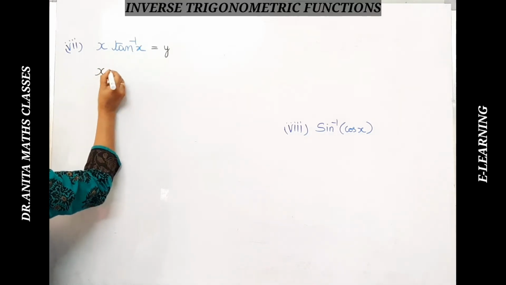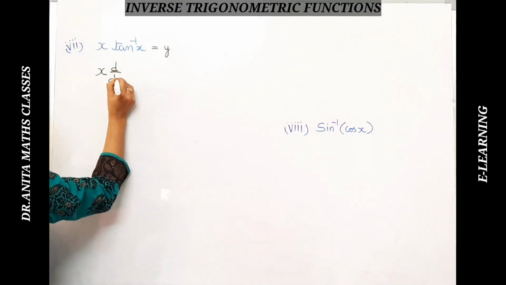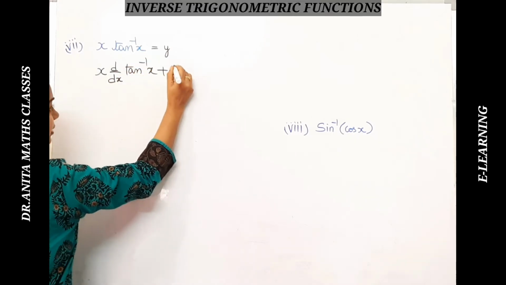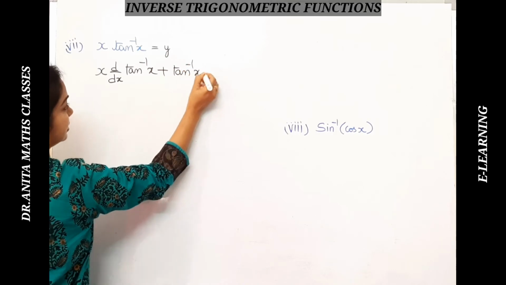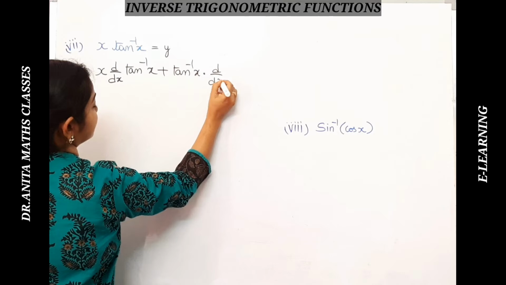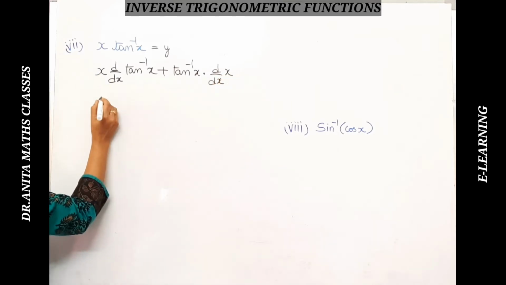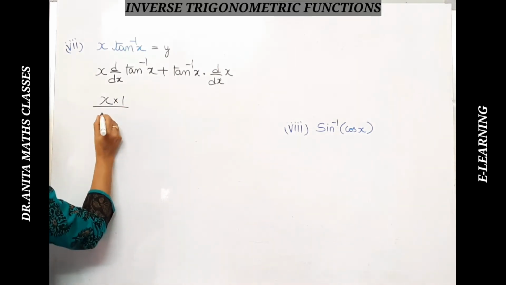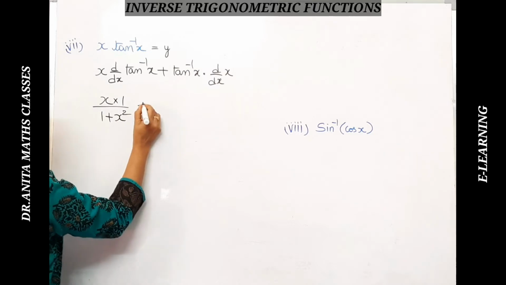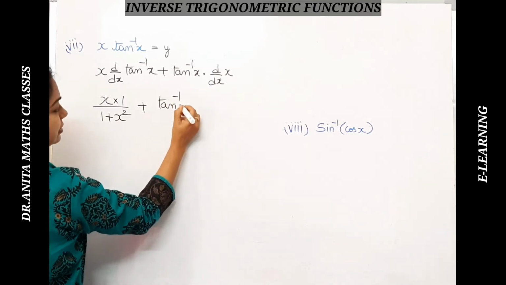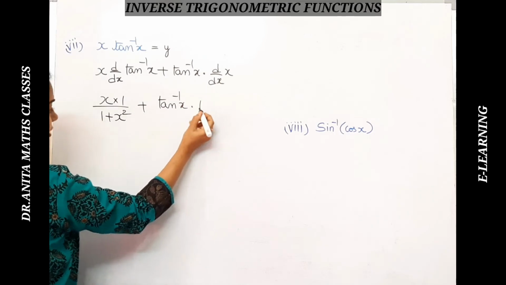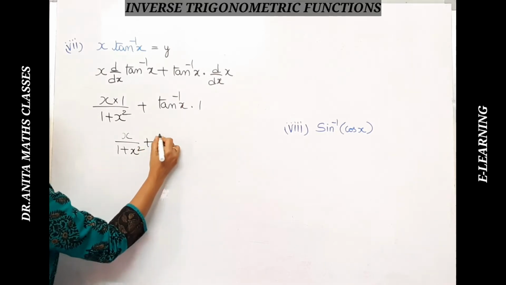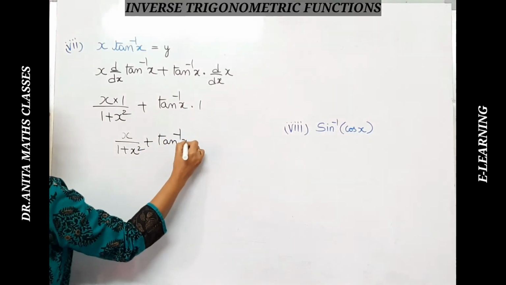So dy by dx is x into d by dx of tan inverse x plus tan inverse x into d by dx of x. We know that the formula is 1 upon 1 plus x square, and dx by dx is just 1. So this comes to x by 1 plus x square plus tan inverse x, right.